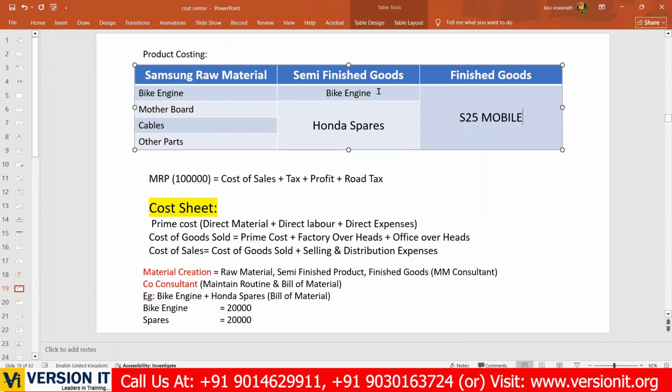Means semi finished product. I mentioned mobile, S25 mobile. What all the points come under mobile? What you see, the entire panel is mobile, excluding this.